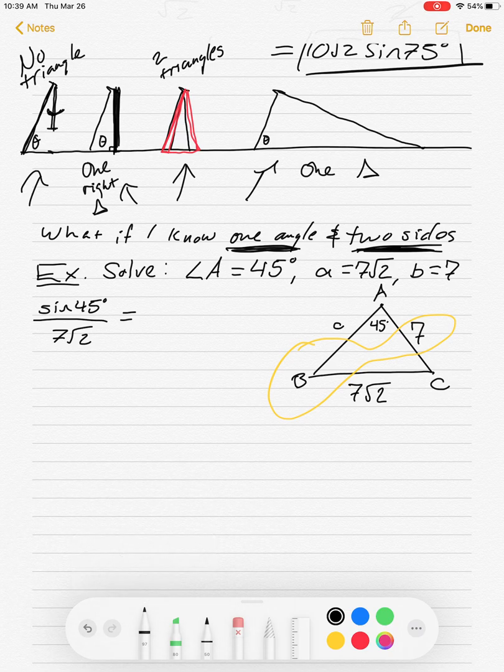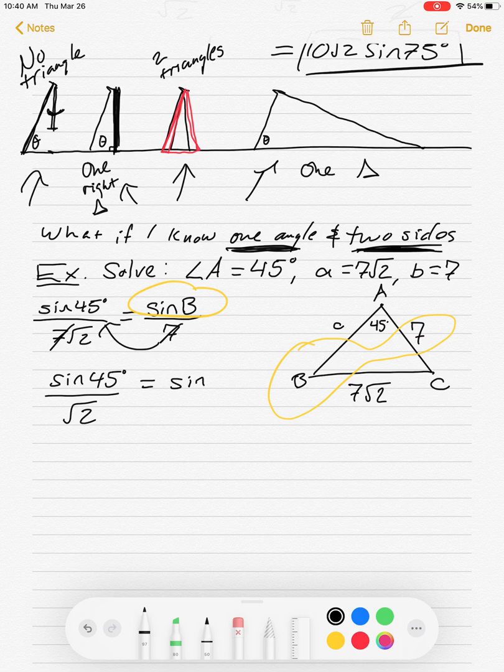So that would be sine of B over 7. So this time I'm actually solving for sine of B. All I have to do is multiply up the 7, and I can cancel those 7s. So then I would just have sine of 45 degrees over square root 2 is sine of B.